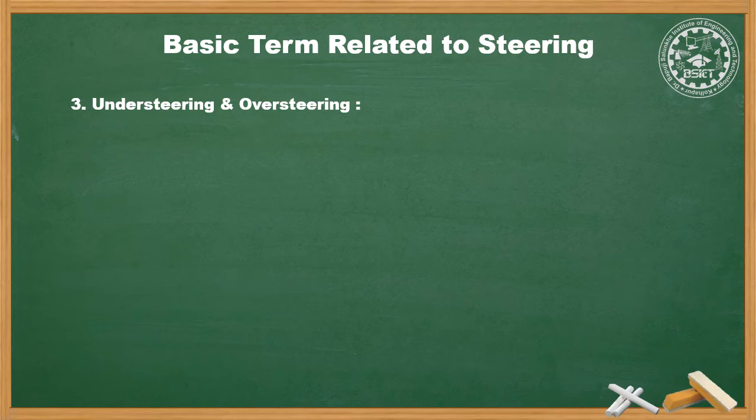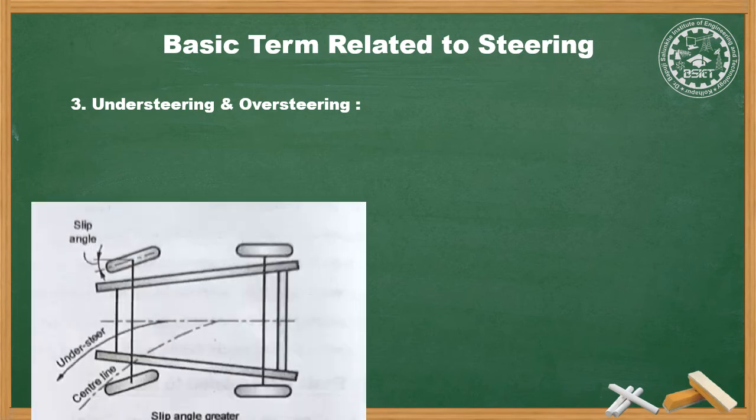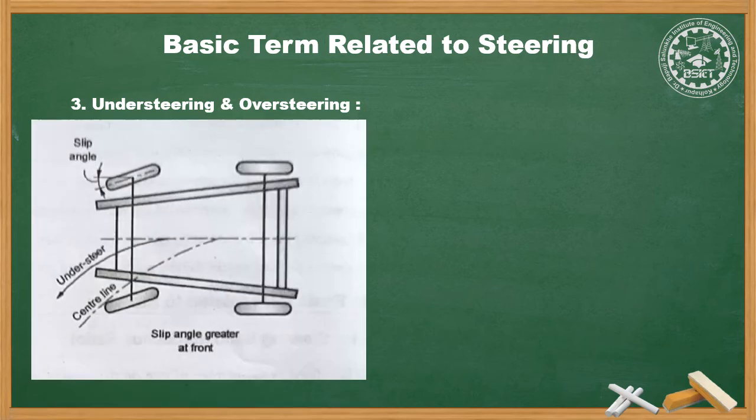The angle between the wheel inclination and the path taken by the wheel is known as slip angle, as shown in figure. The value of slip angle depends upon the side force, flexibility of tire, load carried by the wheel and other factors such as camber angle and road surface. When the slip angle is greater at rear wheel than at the front wheel, the vehicle tends to oversteer.